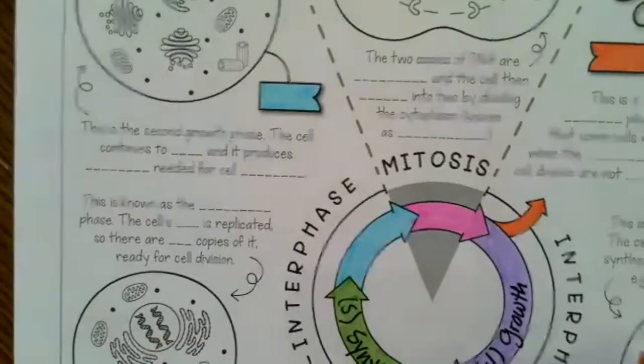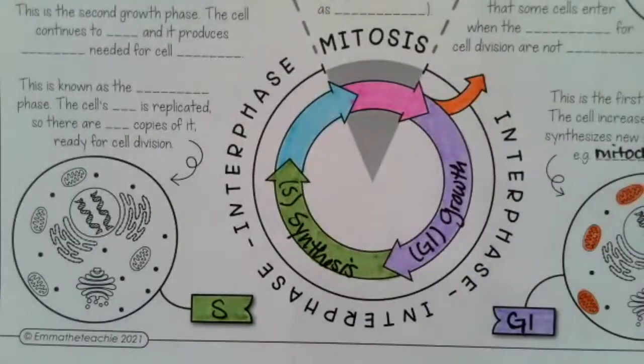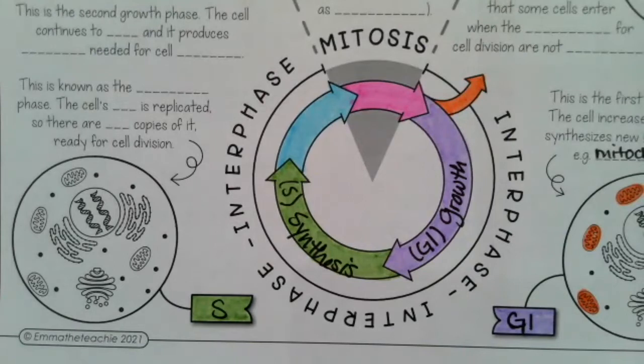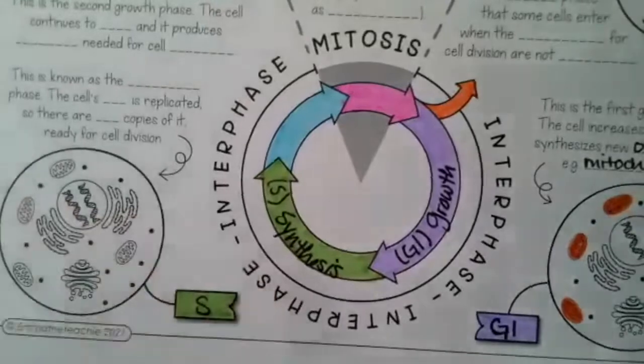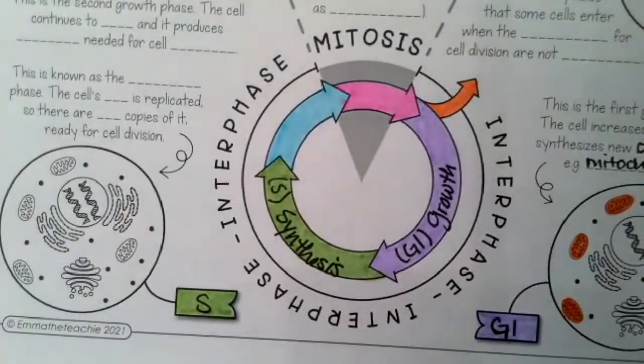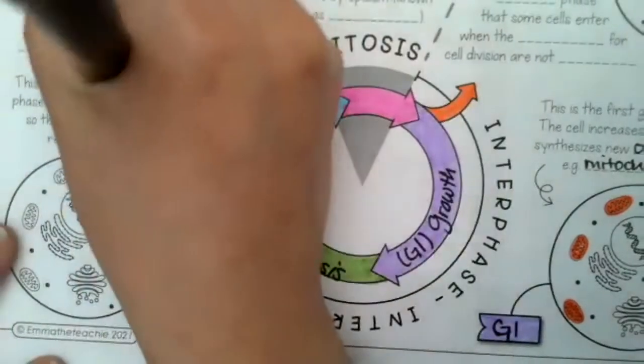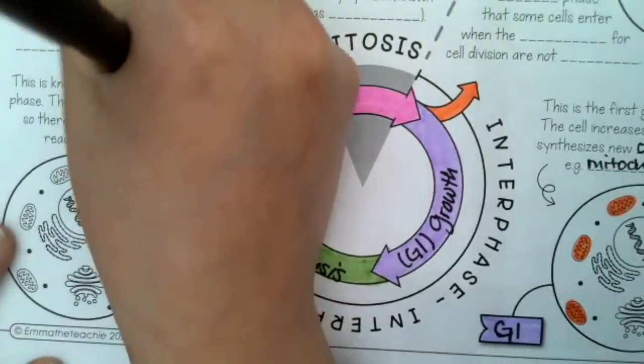If you think all the way back to photosynthesis, photo meant light, specifically sunlight, and synthesis meant the making of energy from light, okay? So if we apply that knowledge here, what we're doing is we are trying to make a new cell. So this is known as the synthesis phase.